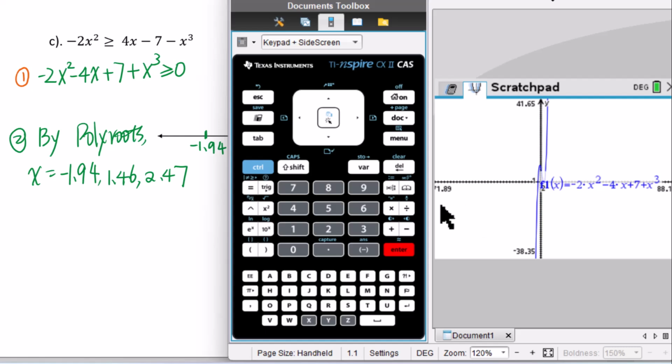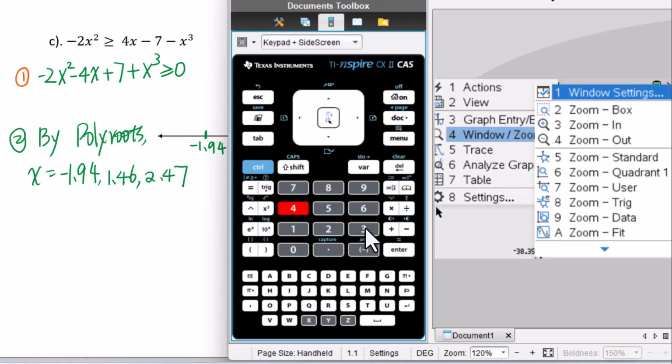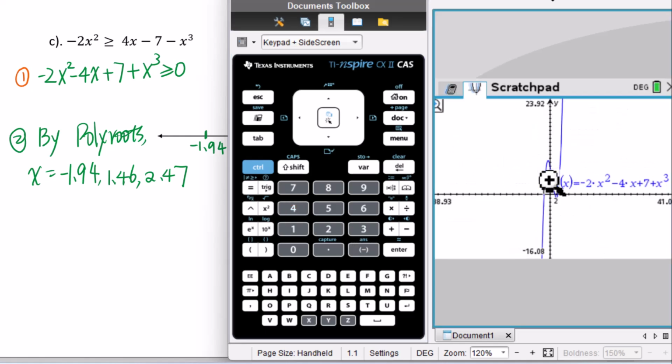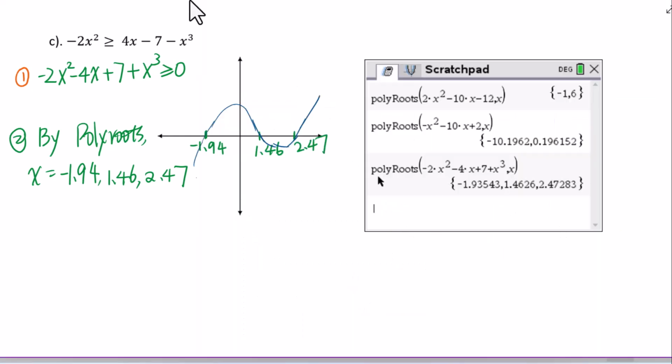It's not clear. Let's use the zoom in menu. 4, 3. Again, you could see your graph like this. This is what the graph looks like.